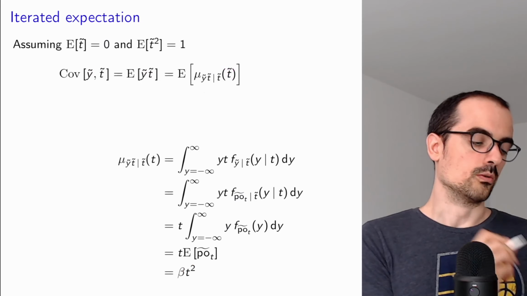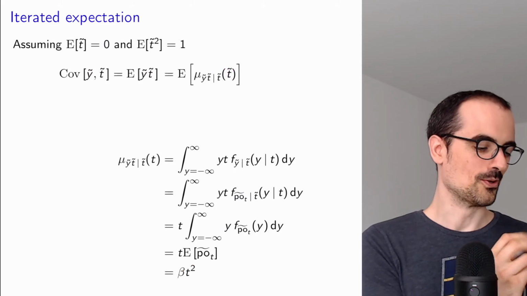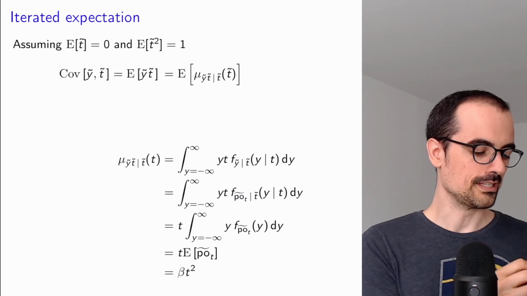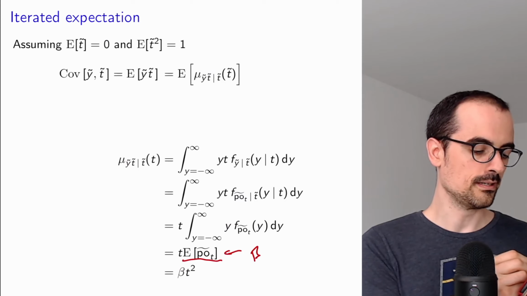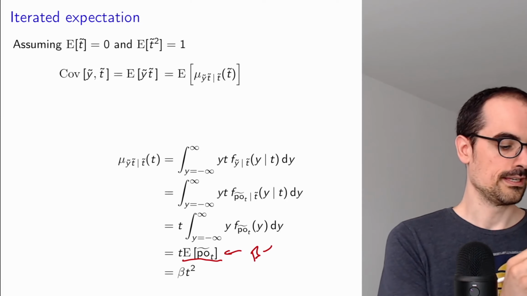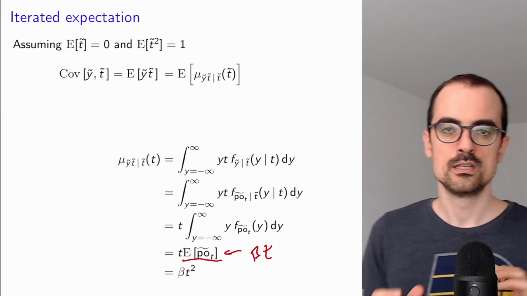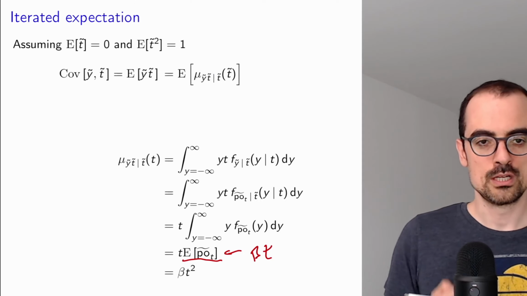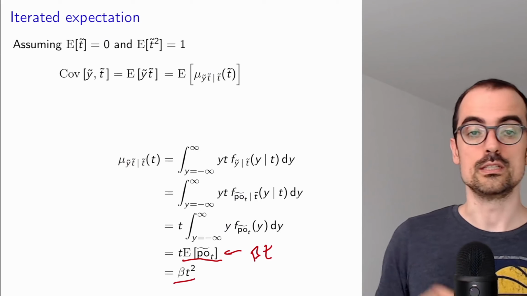Oh, and I forgot to, of course, I went into this long reasoning before realizing that first we should input the fact that this guy is equal to beta t by assumption, because we assume that there is a linear relationship between the treatment and the potential outcome. So the conditional mean function is equal to beta times t squared.